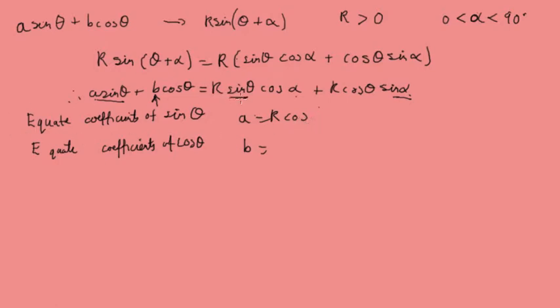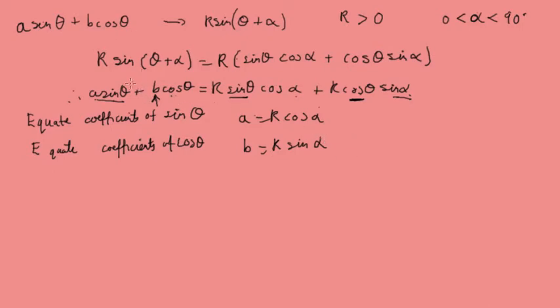There's sine theta here, so a equals r cosine alpha. And then the b cosine theta, there's cosine theta here, so b equals r sine alpha. Sorry, I wasn't reading it properly.